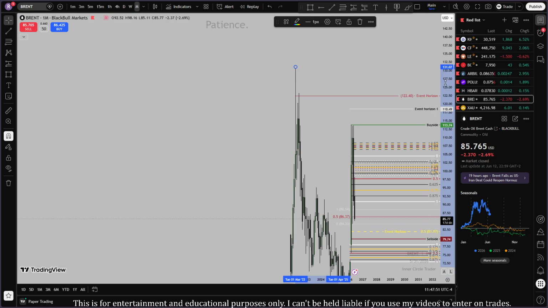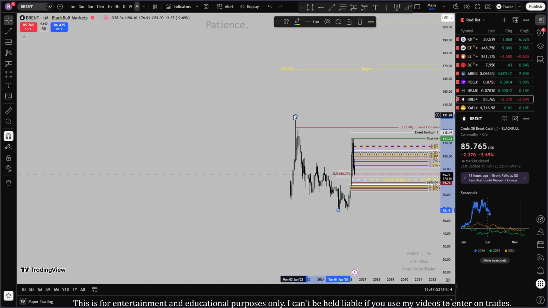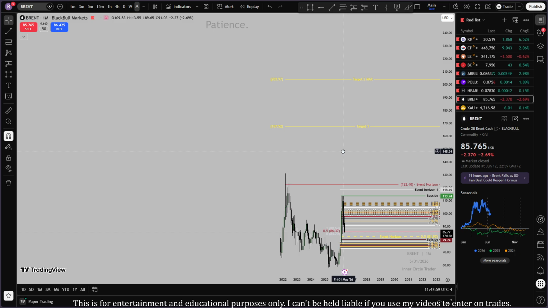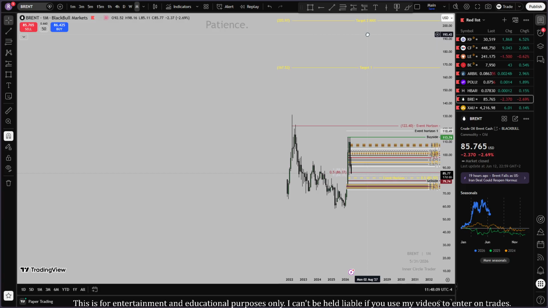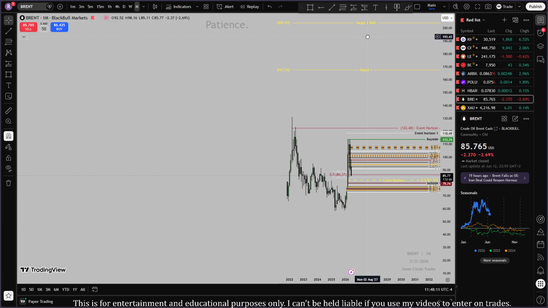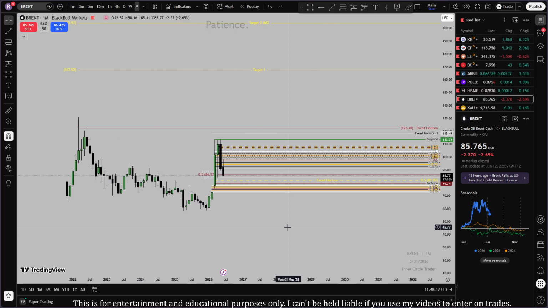And if we take that range, protracted to targets, then we have this 167 and 203. That could be what we are looking at. Some stuff needs to pop off for that to happen, but I'm not counting it out of the books.